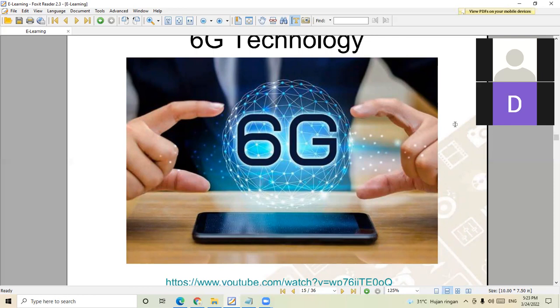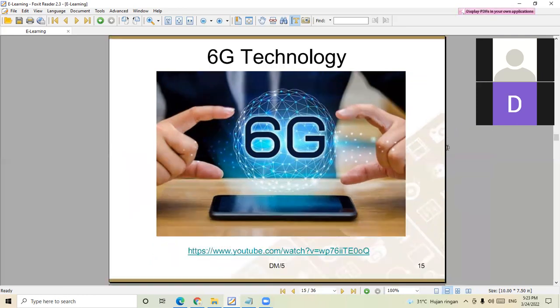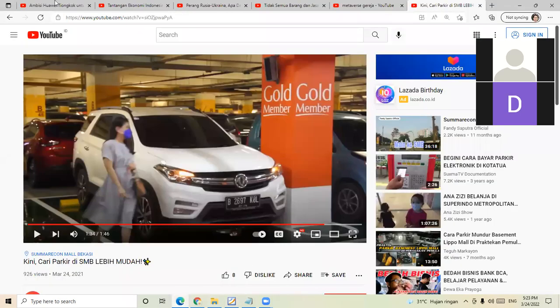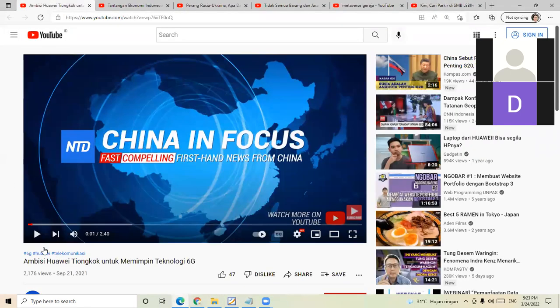We are kind of left behind in terms of technology, but that's okay. We are catching up. Even 5G is already very good. I cannot imagine how the world would be if we fully made use of 6G. I have the news.